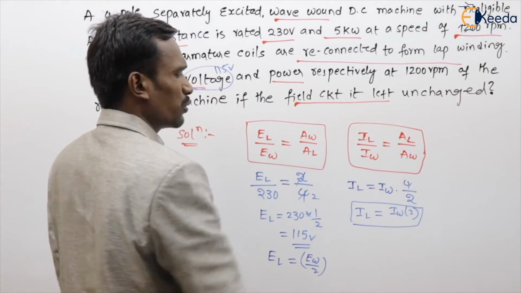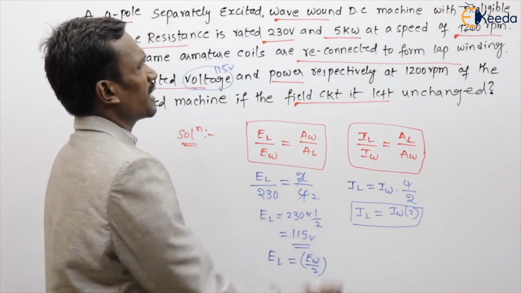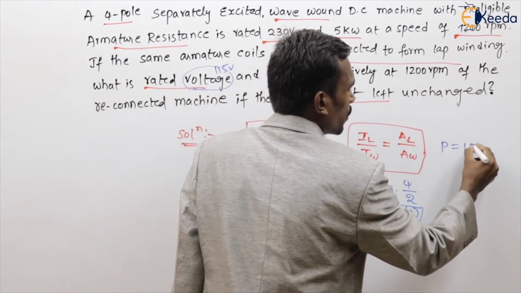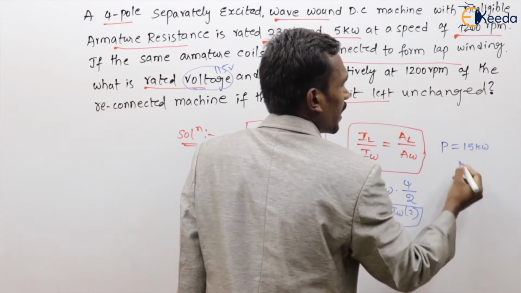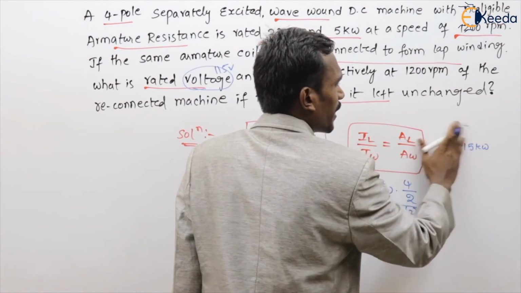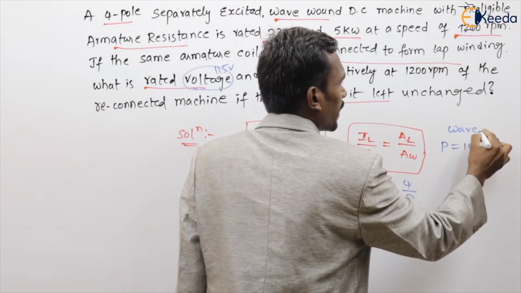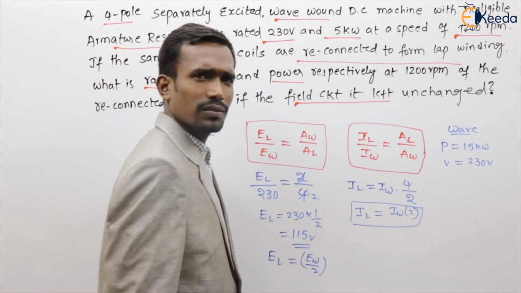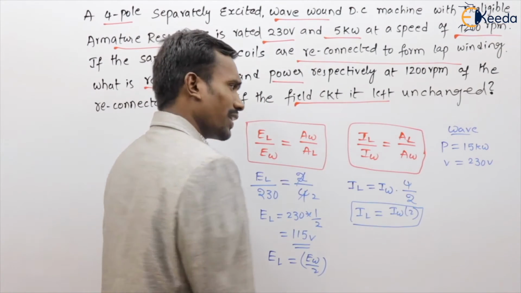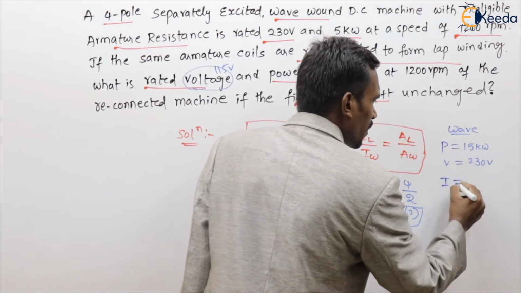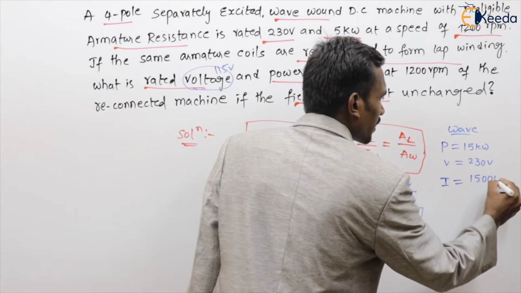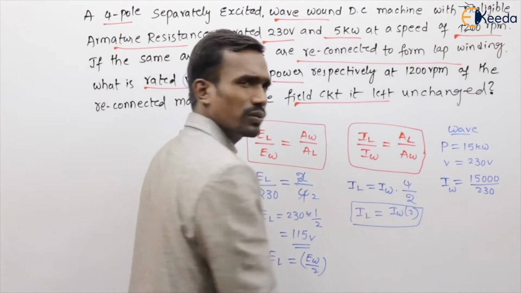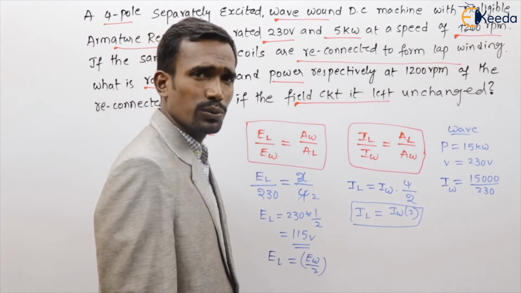Here we have to find out the current. They gave power P equal to 5 kilowatts in wave winding, and V is equal to 230 volts. Then can you tell me I? I is equal to 5,000 by 230 amperes. This is IW.